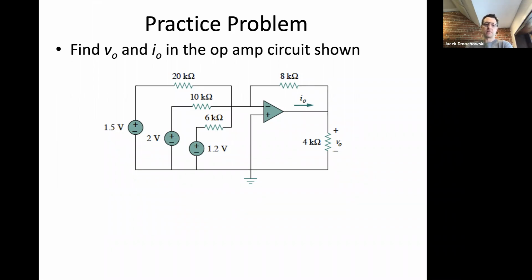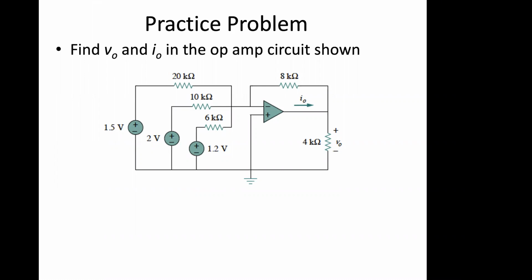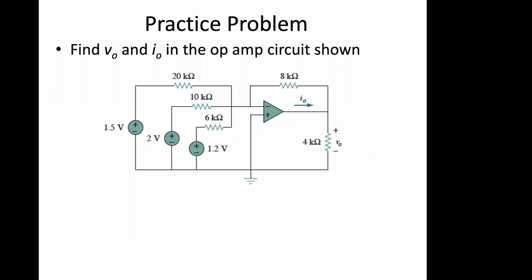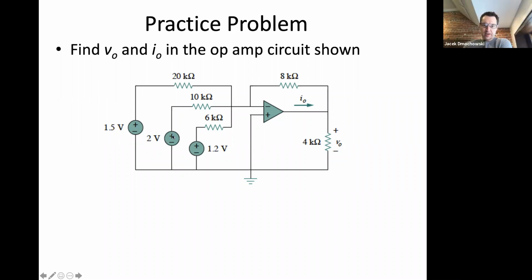You would set up the equation negative, open parentheses, 8 over 20 kilo ohms times 1.5 volts, plus 8 over 10 kilo ohms times 2 volts, plus 8 over 6 kilo ohms times 1.2 volts. Perfect. That's exactly right.